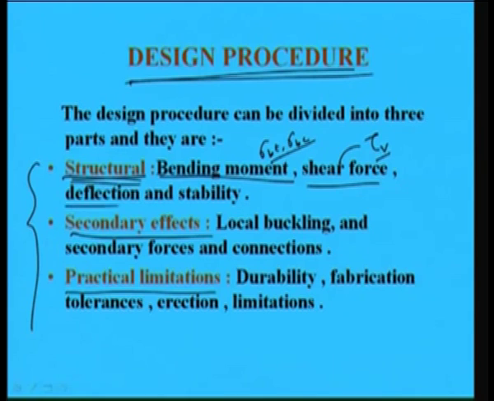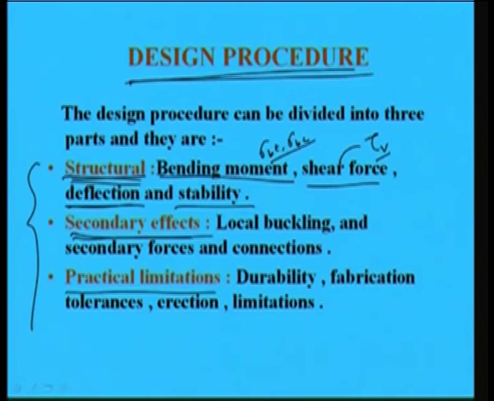And then deflection: we have to check the maximum deflection developing in the member, and see whether it violates the codal provision or not. And of course stability, because stability is another criterion through which we see whether the member is stable or not. What are the secondary effects? Secondary effects, as you know, are local buckling and secondary forces.